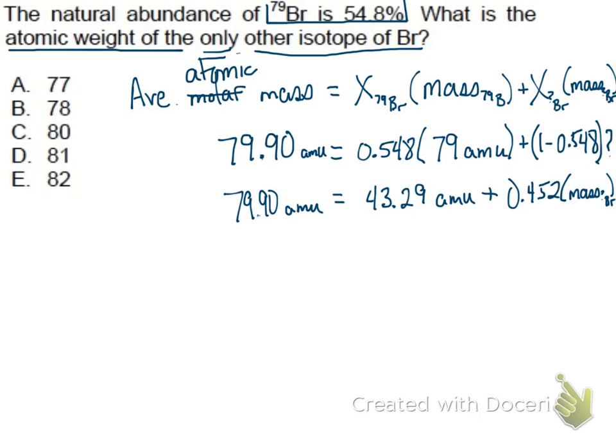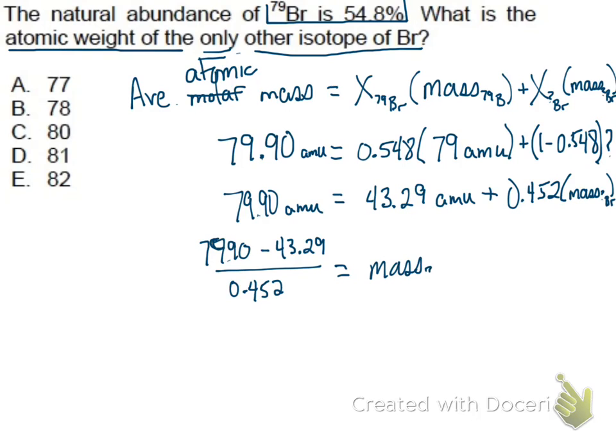Alright, then all we need to do is subtract one from the other, so 79.90 minus 43.29, all divided by 0.452, and that's going to actually give us our answer.